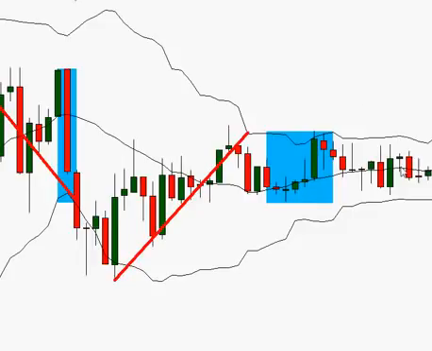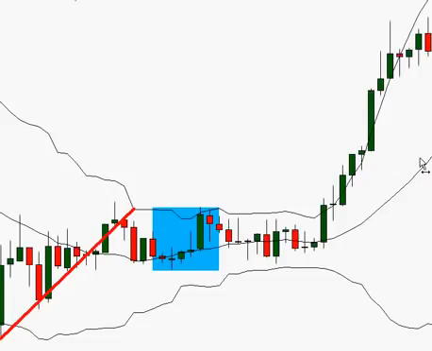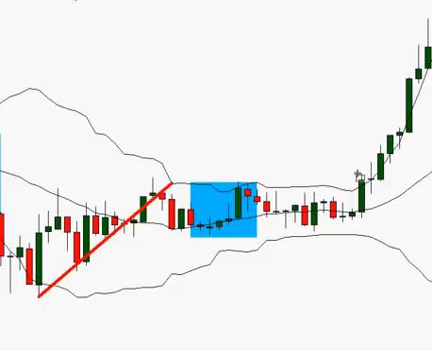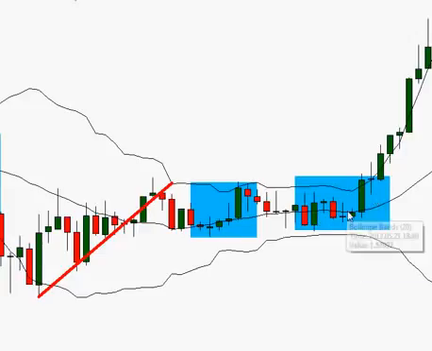What you really want is this type of thing here. You've got trading negative, bullish, bullish, negative, negative, bullish, break. Now that's an entry. That's the type of entry you would be more interested in. The fact that the bands are contracted as well is an extra bonus, but that's not really what I'd be focusing on. It's the fact that you haven't had many consecutive candles.